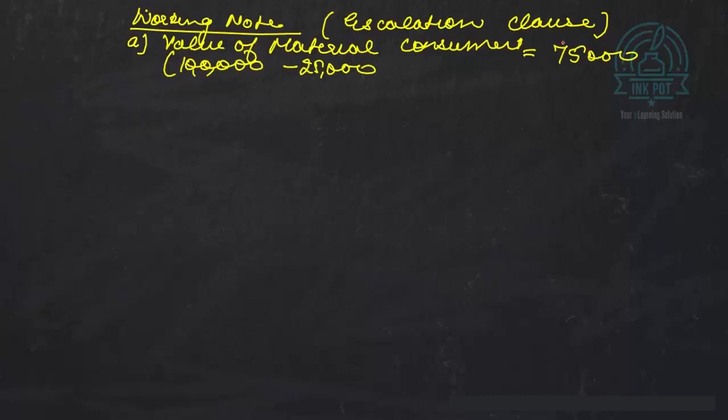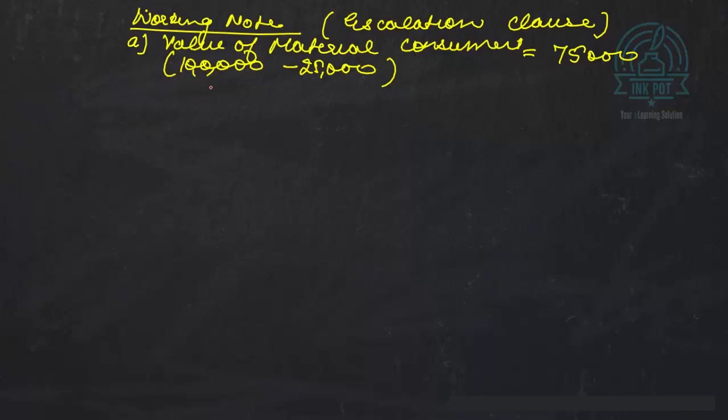I hope you are clear with this. Value of material consumed is 75,000, right? Now this 75,000 is the increased price. So we have to calculate the amount of increase first of all.